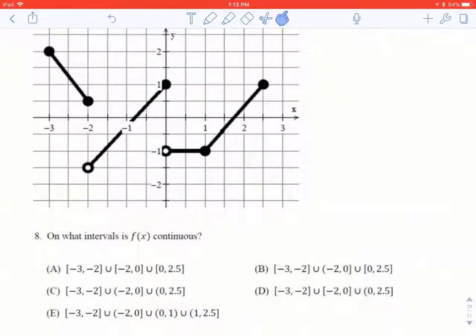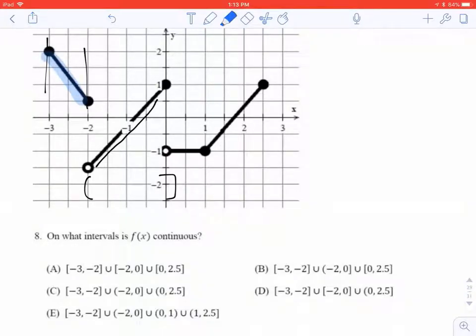Number 8. On which intervals is it continuous? Well, it's continuous from -3 to -2, which all the answers show. It's continuous right after -2 to 1. Pardon me, not to 1, to 0. This is 0 here. Continuous means we can trace it without lifting up our pencil.